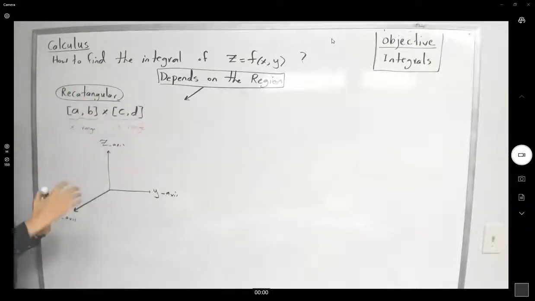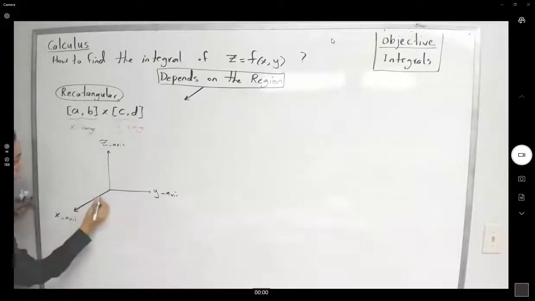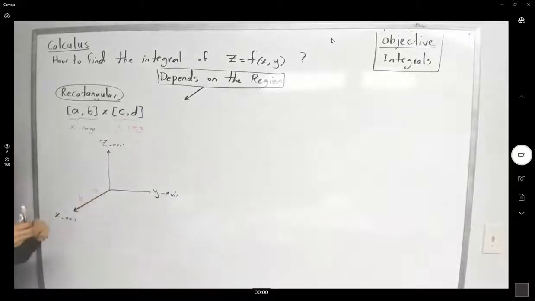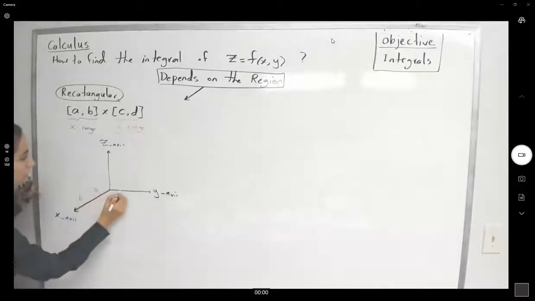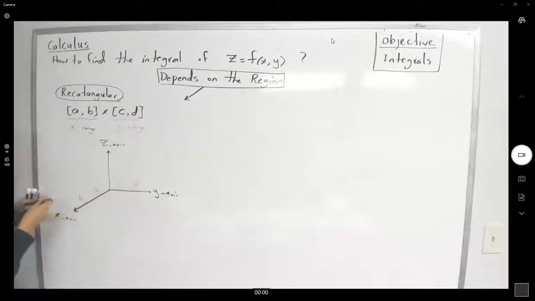So this region is going to be part of the domain in the xy plane. So we're going to have a to b, then c to d. My y ranges between c and d. So the intersection between these two is going to be this region down here.